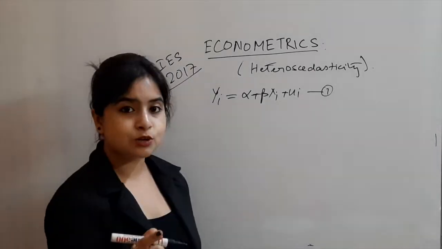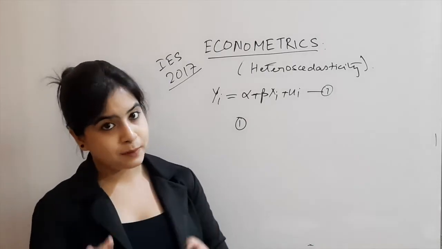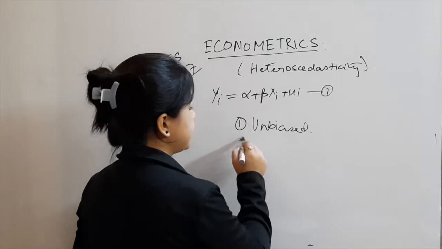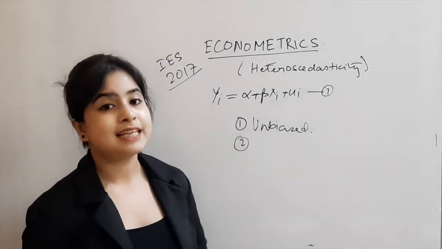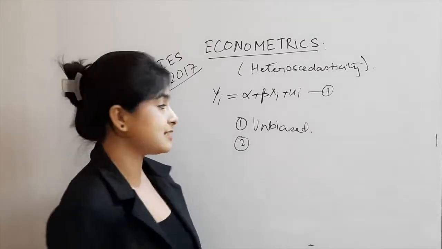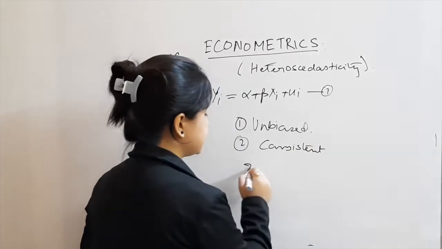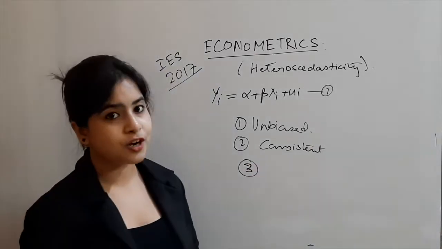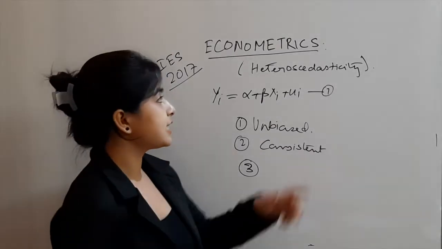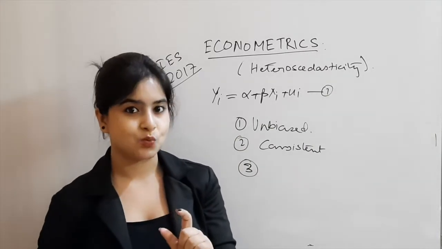So in presence of heteroscedasticity, we have unbiased expectation. So it will be unbiased. Number 2 says that the model will be completely consistent even in the presence of heteroscedasticity. So the model is consistent. And the third, which relates to the variance, here we are saying that in presence of this heteroscedasticity, the variance will not be the efficient one.